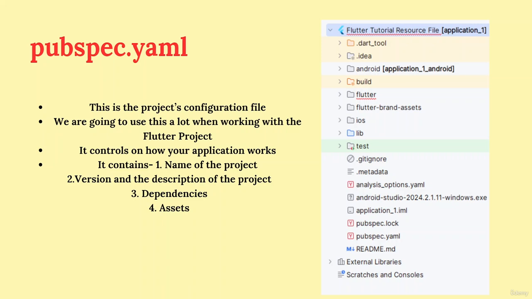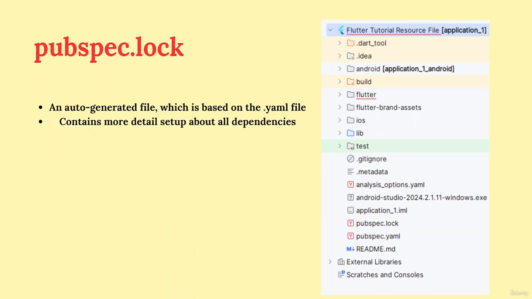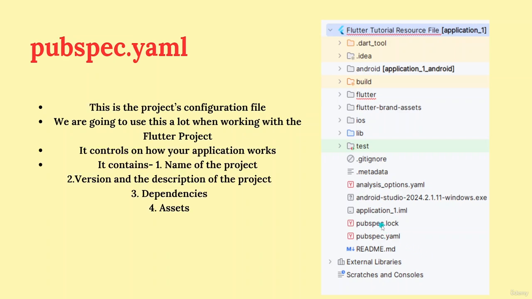That's all. The pubspec.yaml file is just above the pubspec.lock file, and the next file we are going to talk about is the pubspec.lock file, which is right over here.